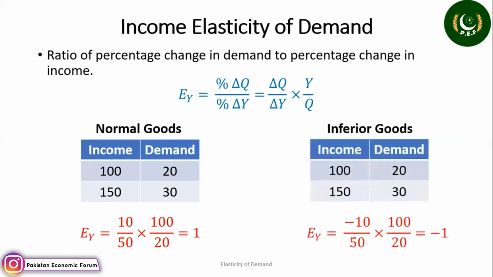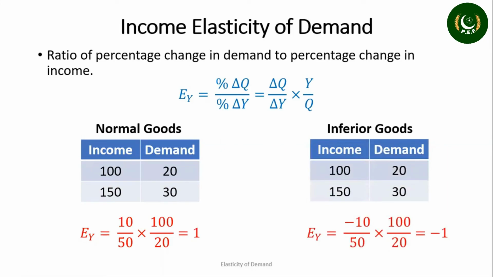In case of inferior goods, an increase in income results in a decrease in demand and vice versa. Therefore, for such goods, the relation between income and demand is inverse. So, the sign of income elasticity of demand will be negative.